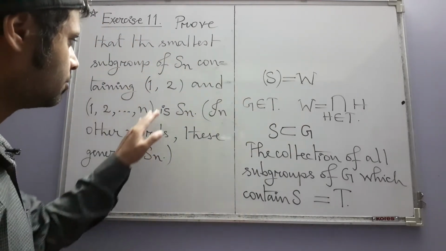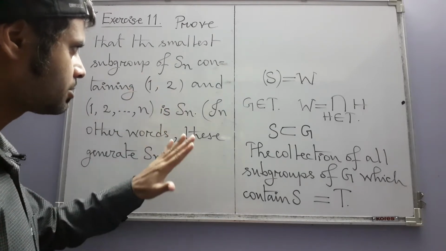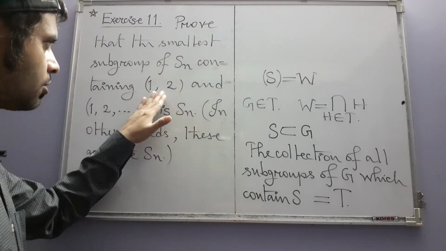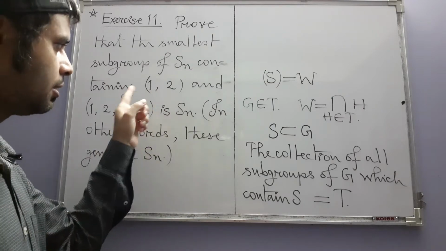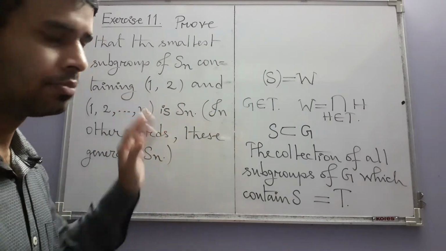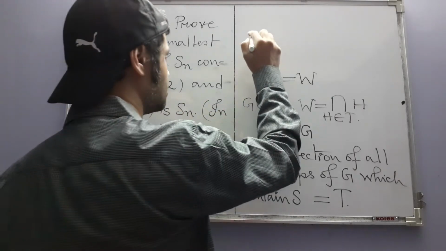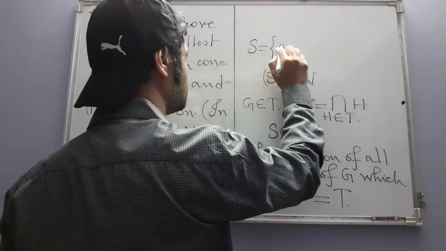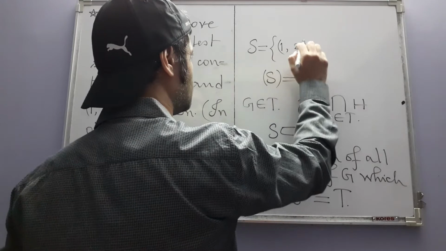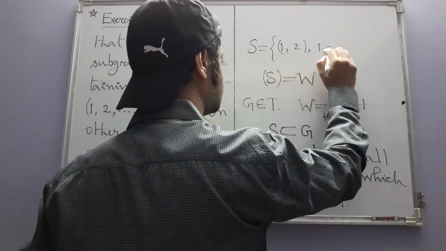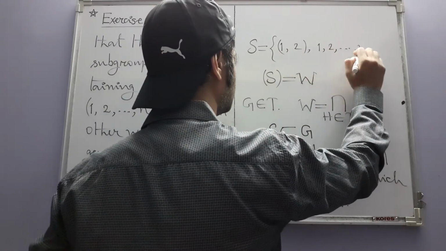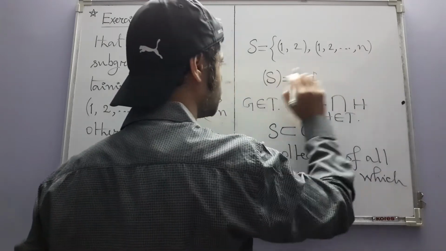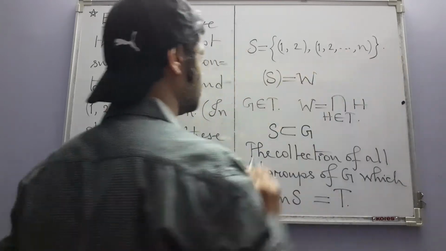So we have to prove that the smallest subgroup of Sn containing these two things, that means the S that we have here in this specific case, consists of these two cycles. One of them is this 2 cycle and the other is the n cycle.